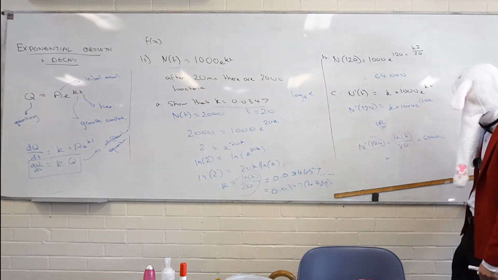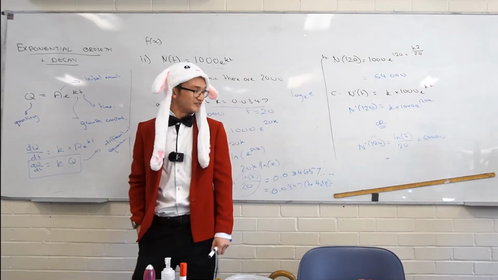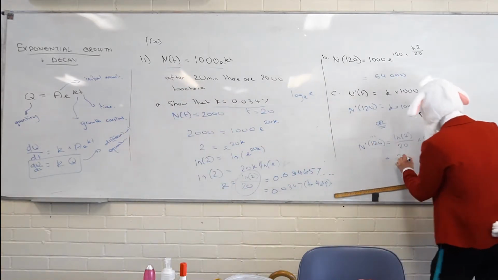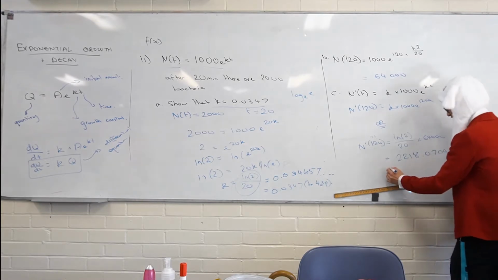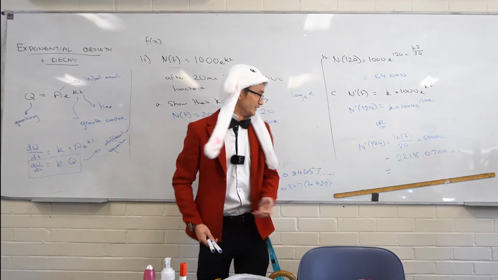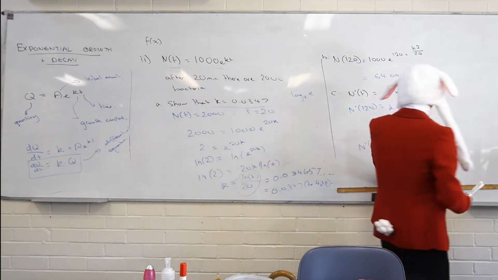What is our rate of change? Put it in for me. 2,218.0709. And again, we're dealing with bacteria, right? So it can't really have 0.07 of a bacterium. We can just round off to the nearest whole number.